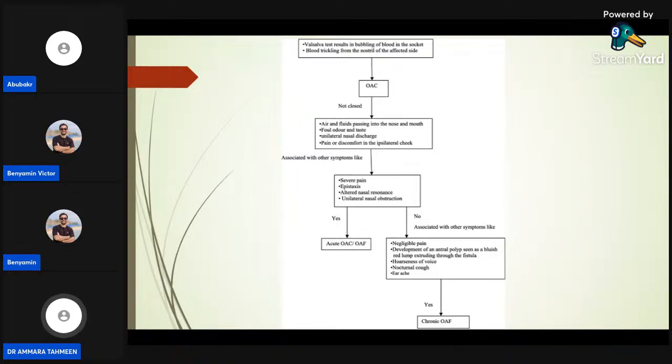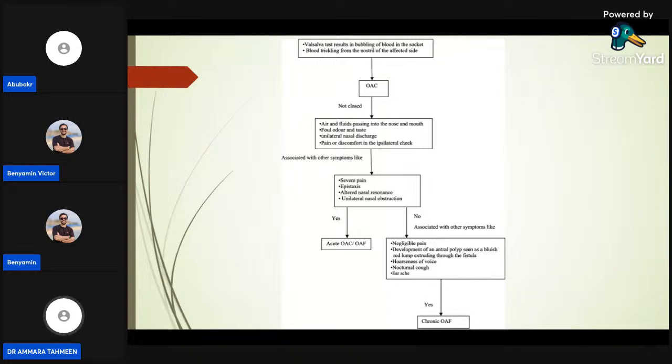But I will be talking mostly about the extraction of teeth, because it is most important during the extraction of teeth. So our topic will be in and around the management of oroantral communication due to the extraction of teeth.